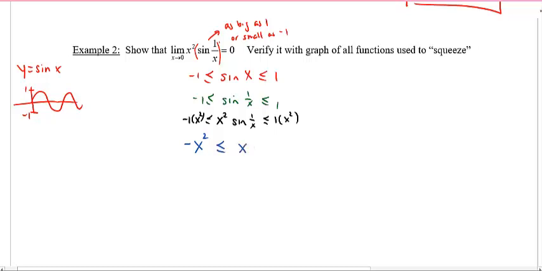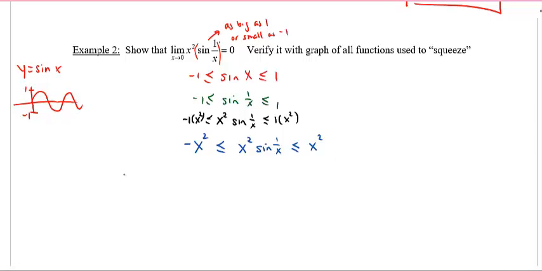Negative x squared is less than or equal to the function that I'm trying to find the limit of, and that is less than or equal to x squared. Why is this helpful to me? Well, now I've squeezed the function x squared times sine of 1 over x in between negative x squared and positive x squared.